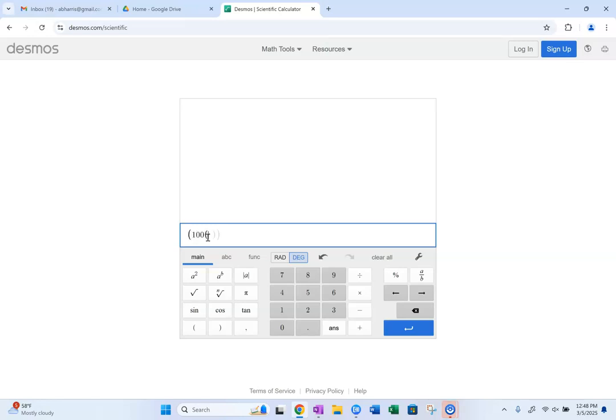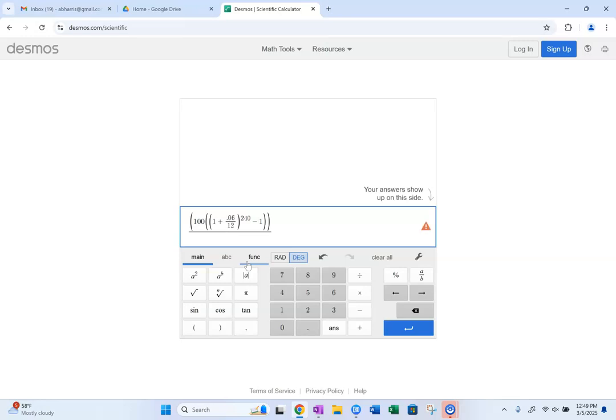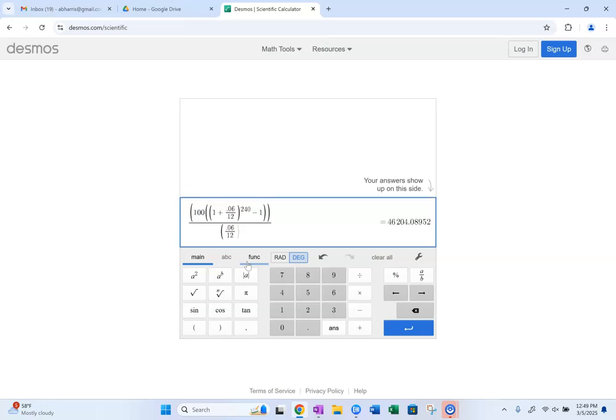Got the $100 payment, and then we're going to 1 plus 0.06 over 12, to the 12 times 20, so to the 240. And then, let's see, minus 1, divided by R over N, so 0.06 over 12. And there's where we get that 46,204.09.